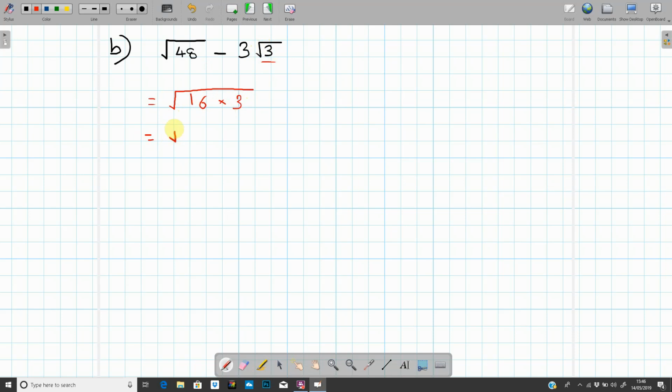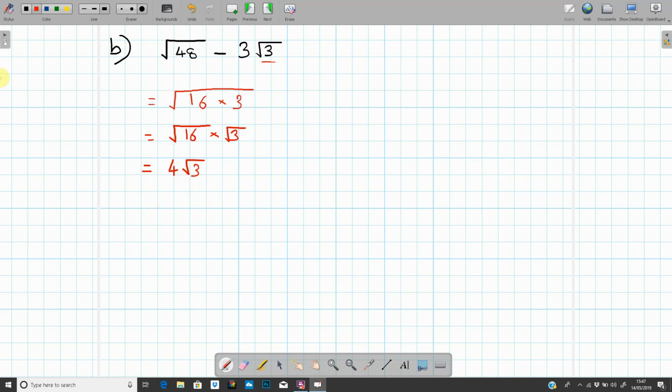So, same as the last time, we'll split them up. So we'll have the square root of 16 times the square root of 3. The square root of 16 is 4, and the root 3 stays as it is. So that is a simplified surd, pretty much the same as part A.